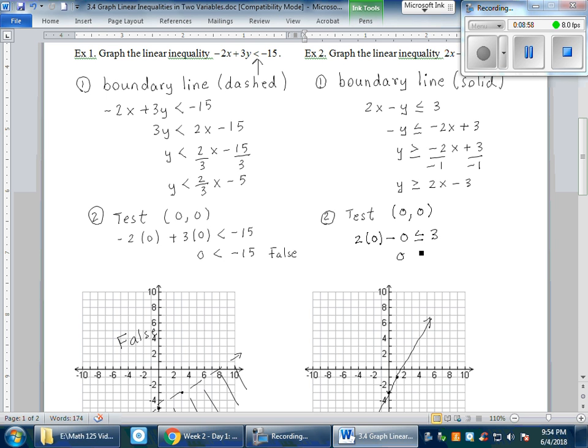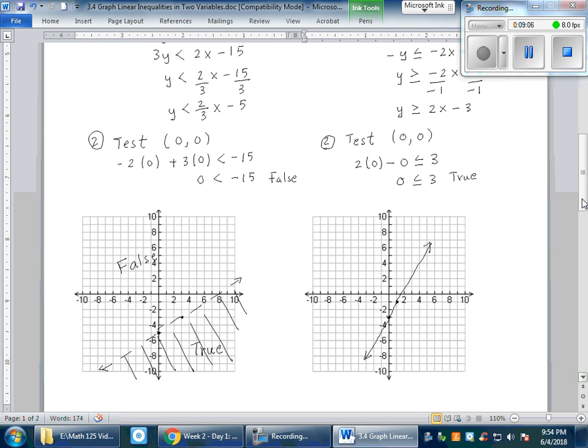So I got 0 is less than or equal to 3. This is true. So the point that we test happened to be a true statement. Therefore, that side is true and the other side is false. So we shade it on the side that is true, which is the solution. And that will be the end of this section.